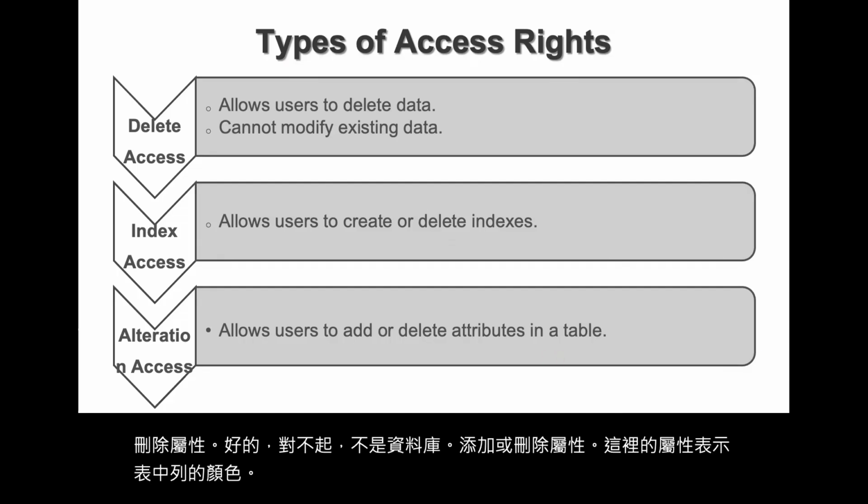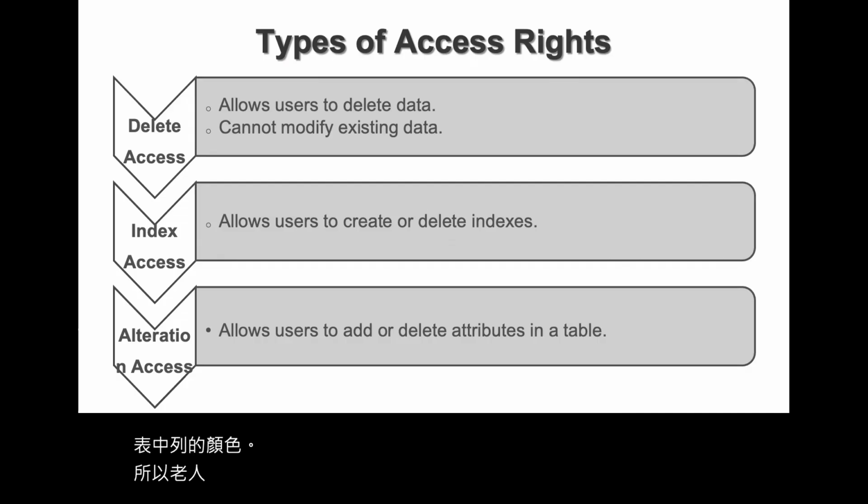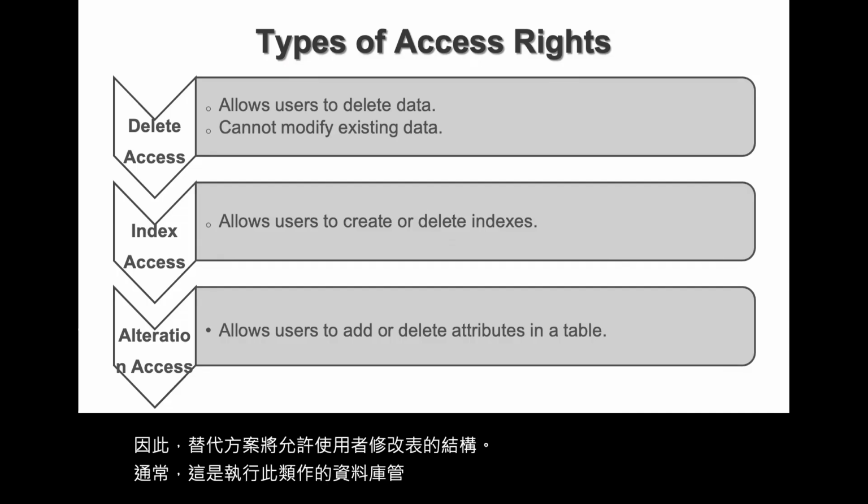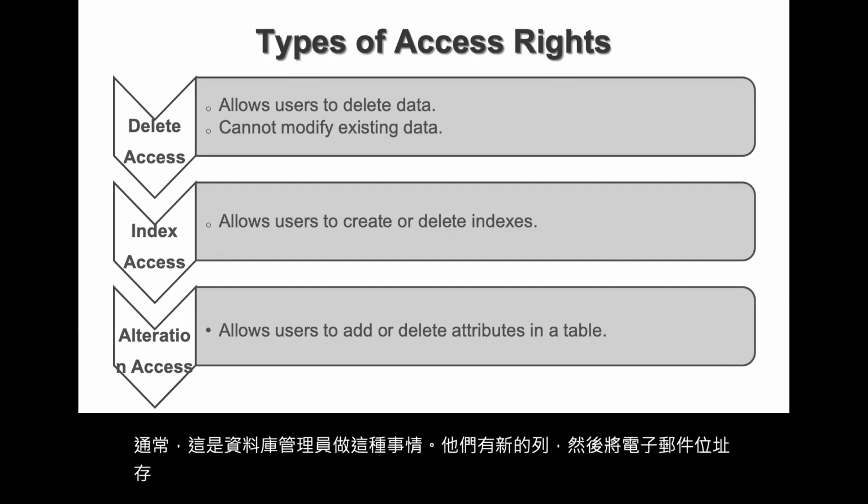So the alteration access will allow the users to modify the structure of the table. And usually this is the database administrator who does this kind of thing. They add new columns and then they store the email addresses in the new email column. Or maybe they can delete a column of the table if needed.